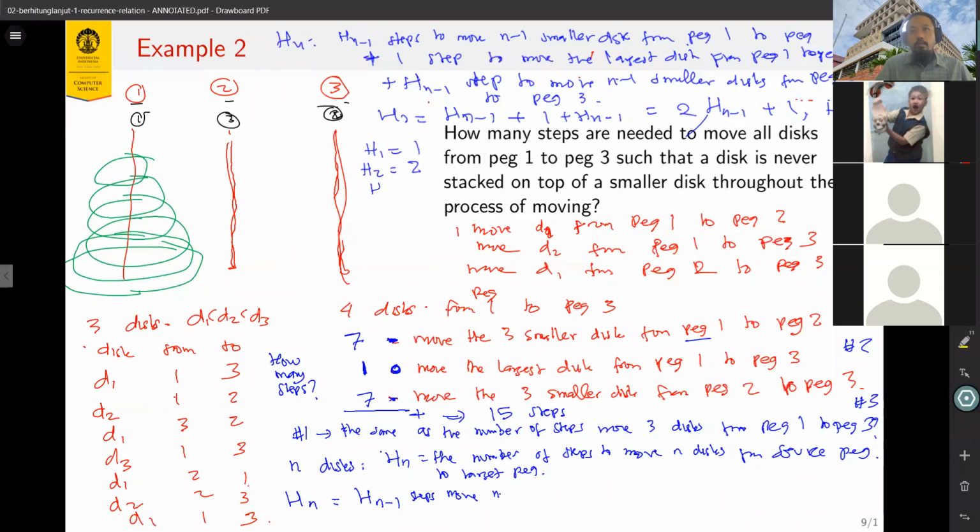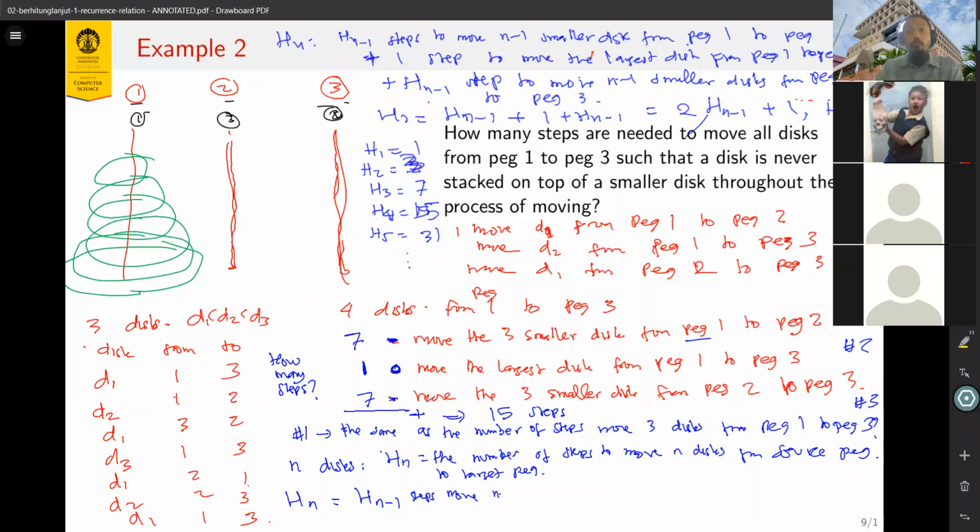And then H3 is, of course, 7. Sorry, H2 is not 2, it's 3. Then 3, 7, and H4 is 15, and then H5 is actually 31.